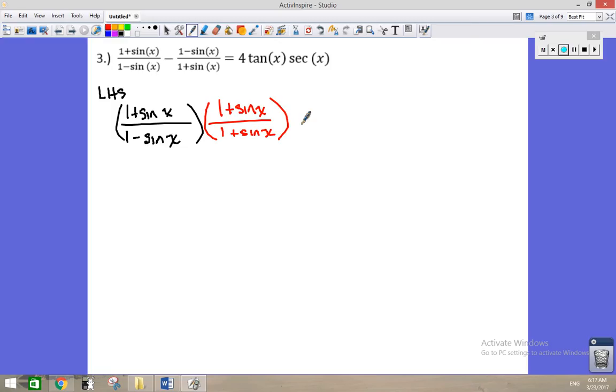Now we have subtraction, and this denominator is 1 plus sine of x. It's missing 1 minus sine of x. So that's how we'll write the number 1 for this term, is to write 1 minus sine of x over 1 minus sine of x.